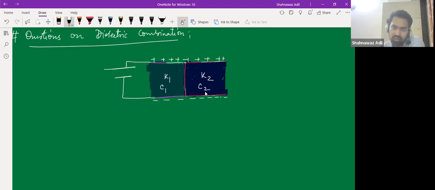Yes, sir, is it parallel? Absolutely right. All the positive ones are connected to this one, and all the negative ones are connected. So the equivalent diagram is this one.